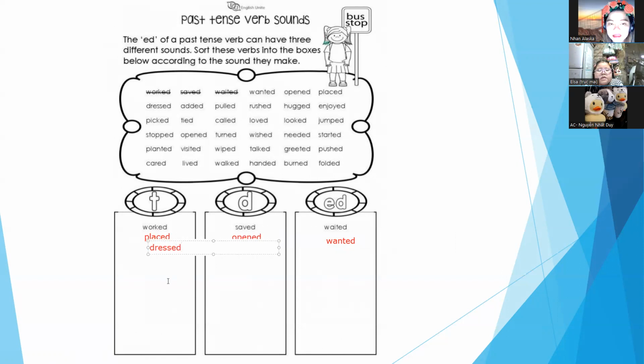Id. Okay. Next is pulled. D. Good. Next, rushed. Id.